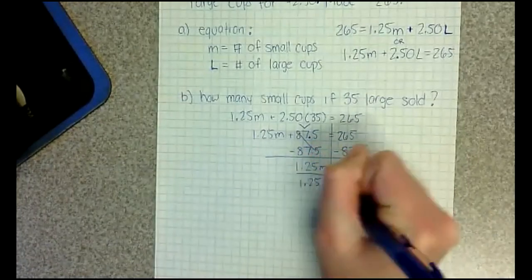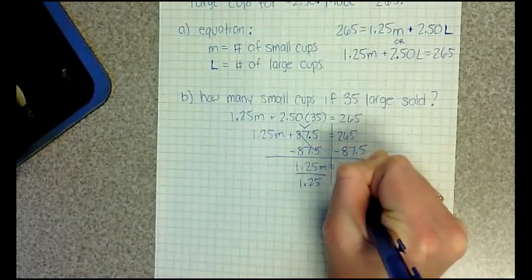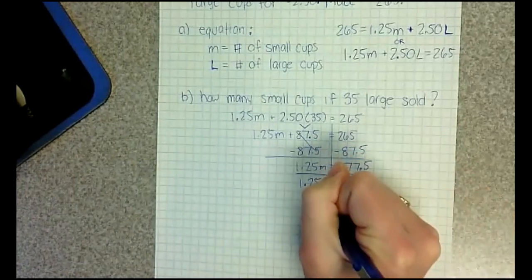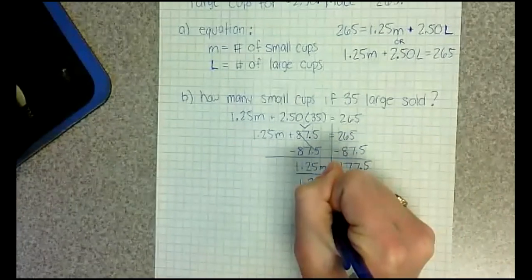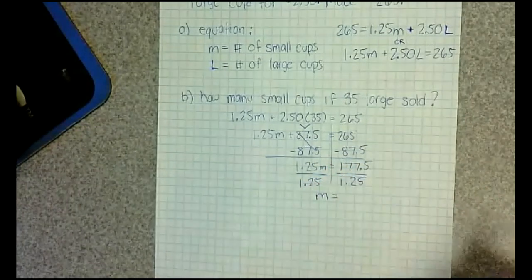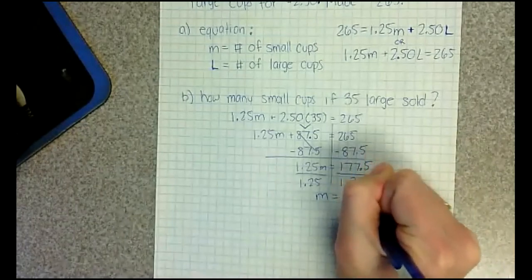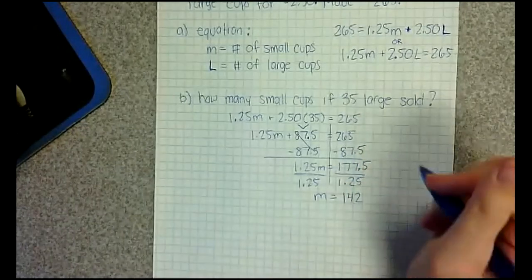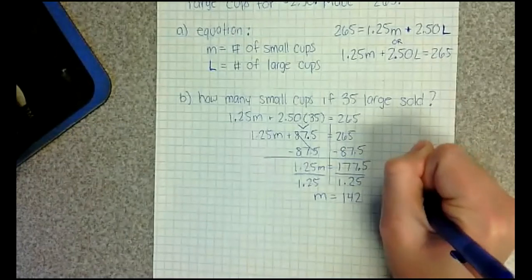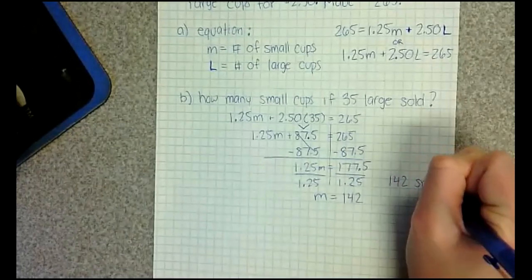Divide both sides by 1.25. And we should be ending up with 142 small cups were sold.